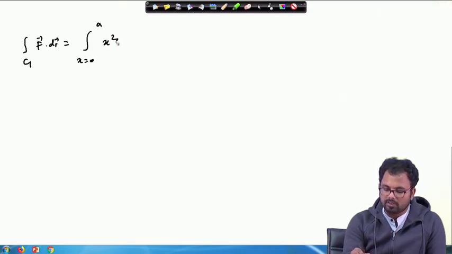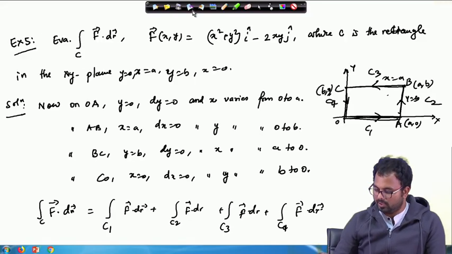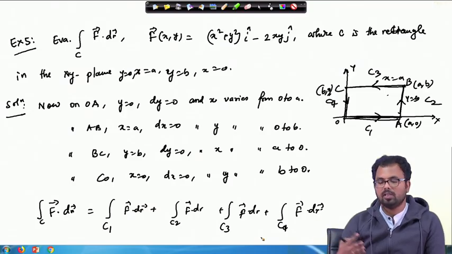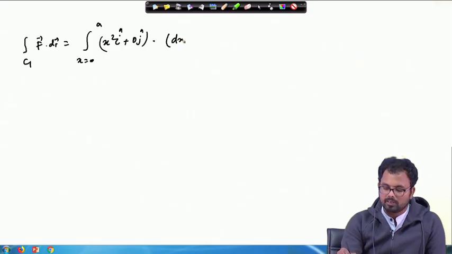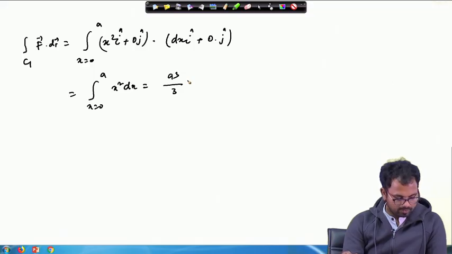So, we basically have x square i plus 0 times j, and dr can be written as dx i plus dy j. Since dy is 0, we are ultimately left with dx times i plus 0 times j. If we take the dot product, then this is basically the integral of x square dx with x running from 0 to a. So, this is a cube by 3, I believe, yes.